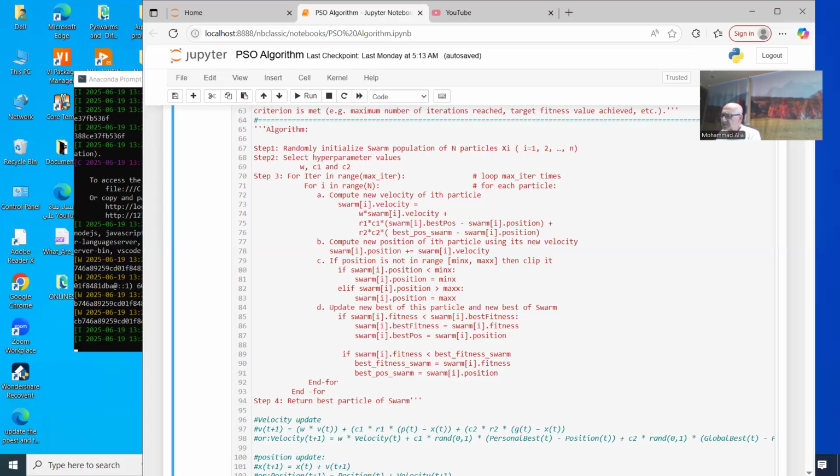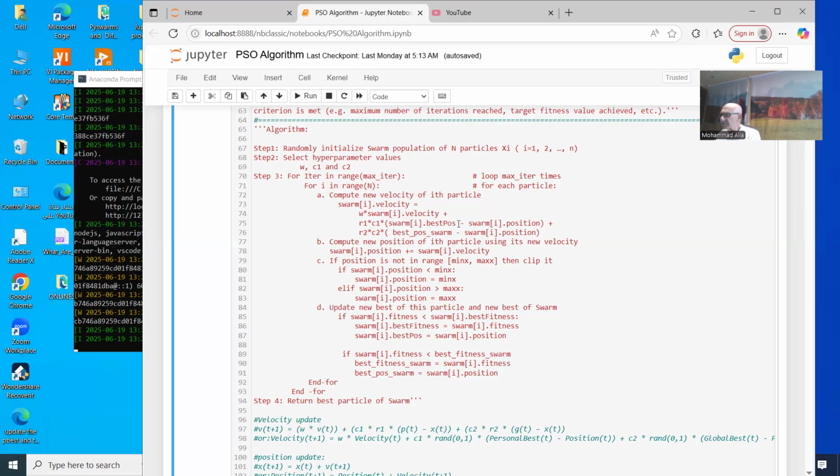This product will be multiplied by the difference between the personal best position of the ith swarm and the current position of the ith swarm. This is the cognitive term.